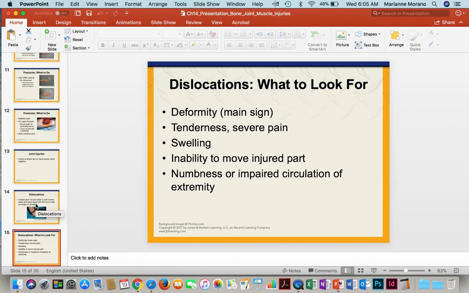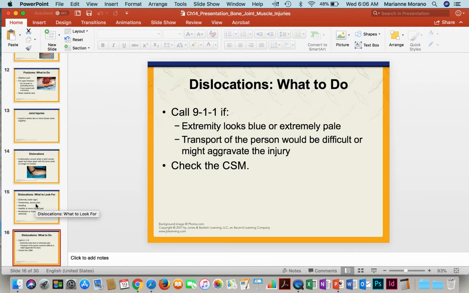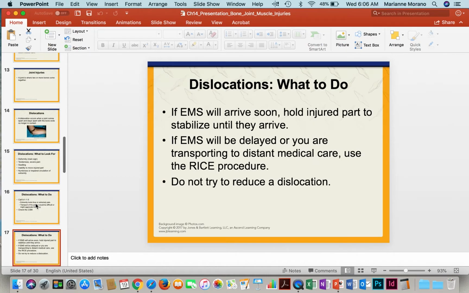Main sign is deformity. Tenderness, swelling, inability to move it, numbness, or impaired circulation are other signs of a dislocation. If it looks blue or pale, you have to call 911 and check the CSM.